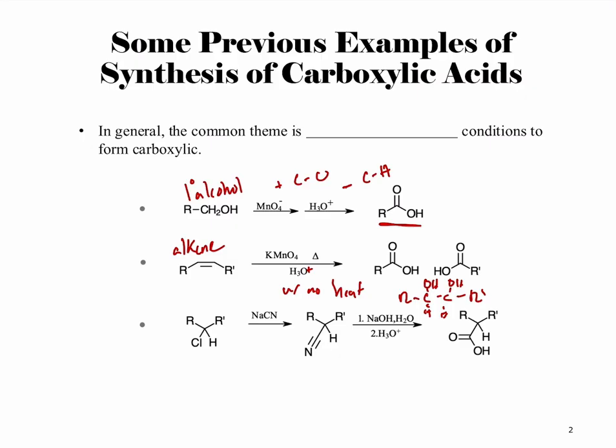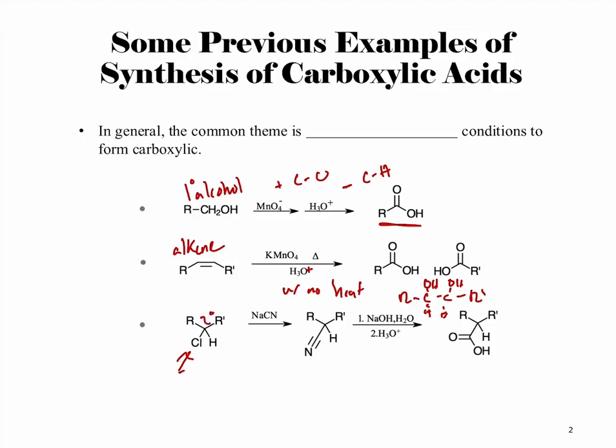And the last one is we've looked at the replacement of a halogen. Sorry, not a second degree halogen, but a secondary alkyl group, which is what we have right here on a secondary carbon.